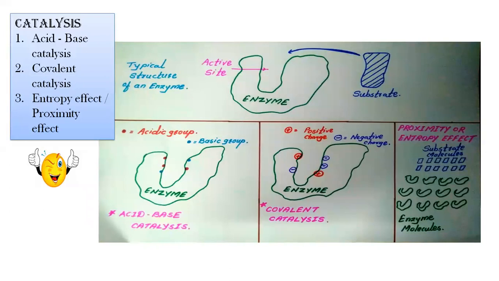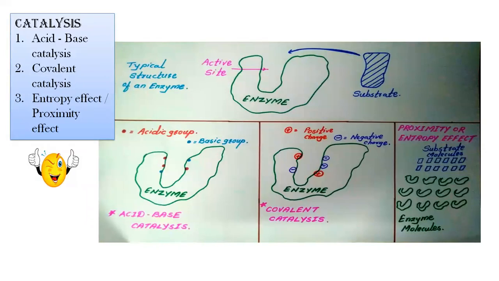Now how does the substrate get fitted into the active site? For that purpose, we have to study first acid-base catalysis. Now we know that enzymes are proteinaceous in nature. That means in their structure they possess proteins, and proteins are made up of amino acids.